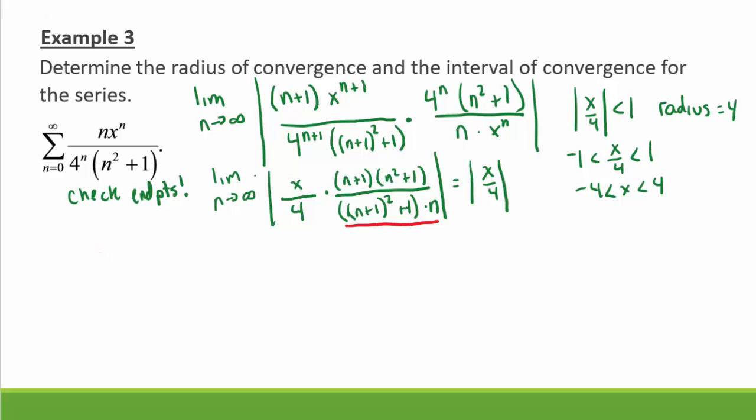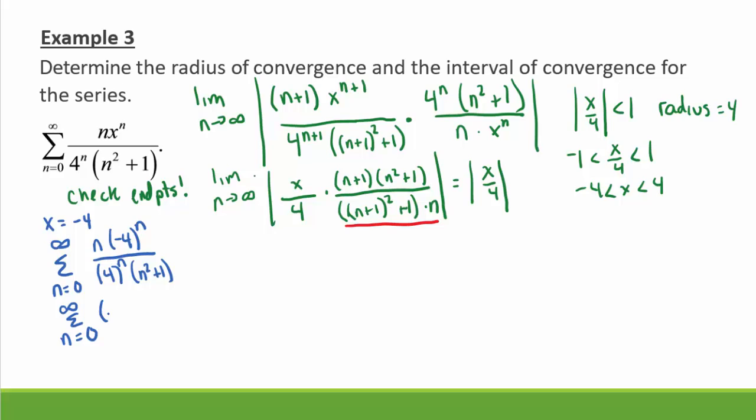Meaning that when I plug in x equals -4 into my series, that simplifies to the same exponent on the -4 and the 4, to (-1)^n over n squared plus 1.